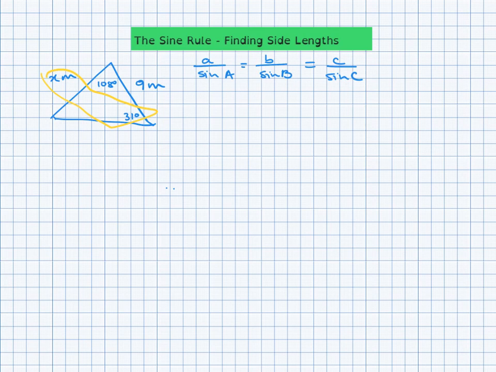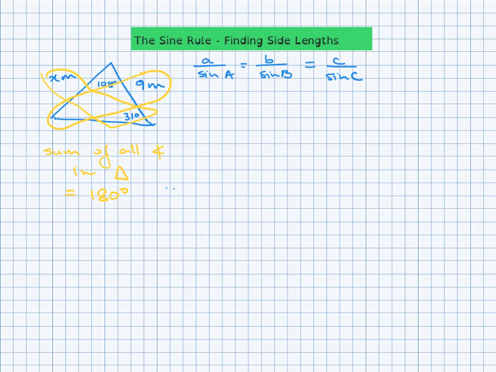Now I have one angle given but not the side opposite it, and I have a side given but not its angle. So let's see, what can we do? It would be really helpful to know, and we should know, that the sum of all angles in a triangle is equal to 180 degrees.